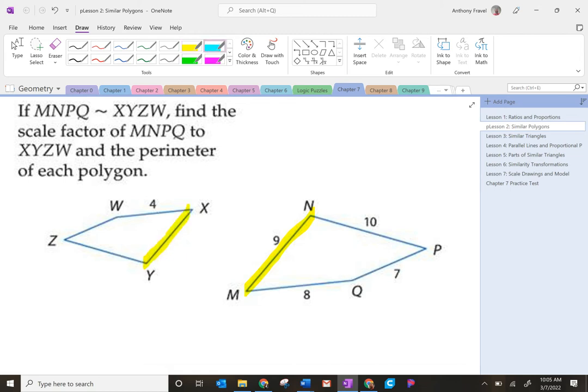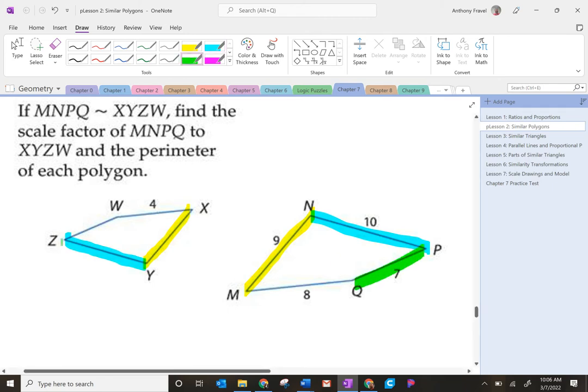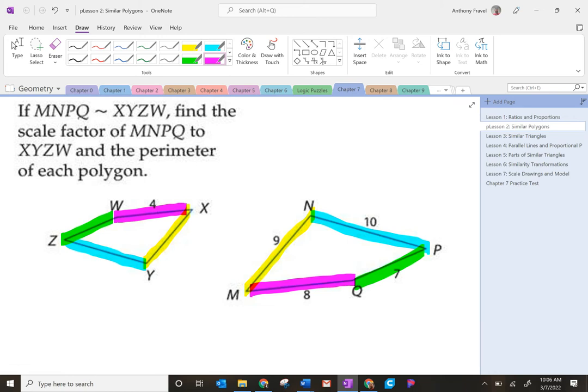Then I've got NP and YZ, PQ, ZW, and then my last ones will be WX and MQ. Again, I'm putting all those colors out there just to show you how I can figure out which side is actually going to match up with it.